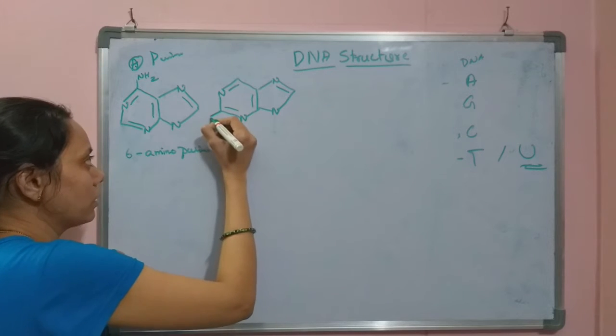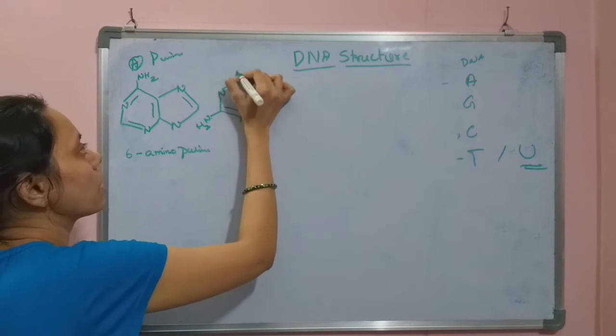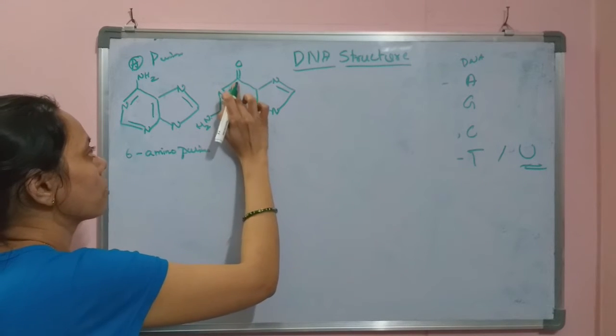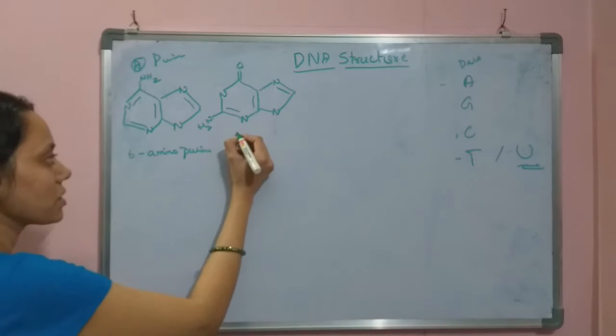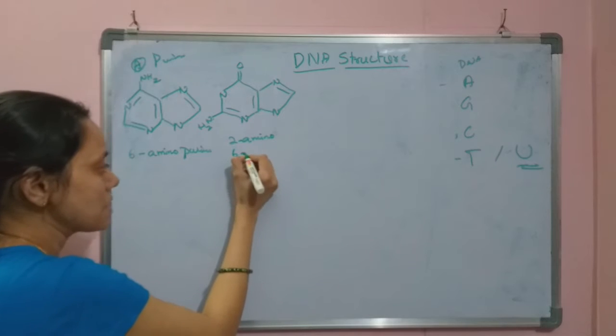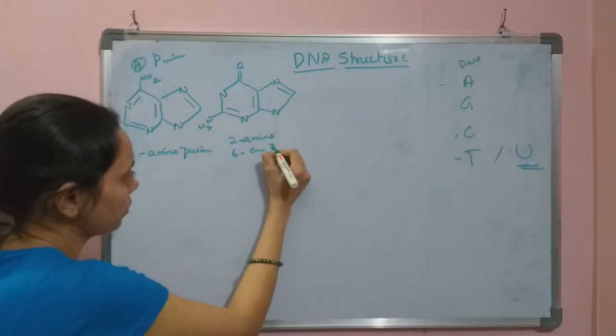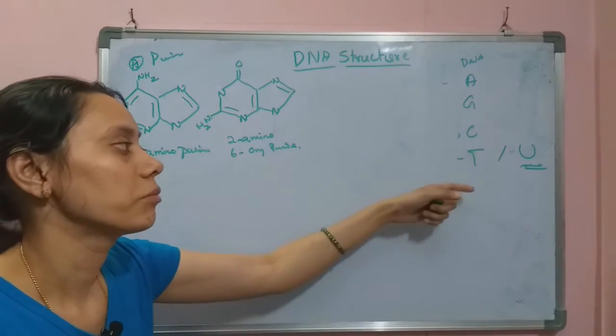This is basically 2 amino 6 oxy purine. So guanine is 2 amino 6 oxy purine. So what about cytosine, thymine and uracil?